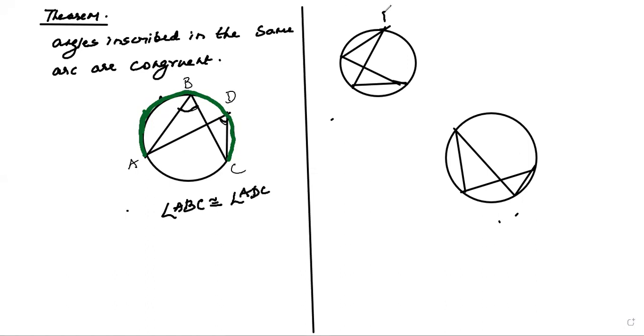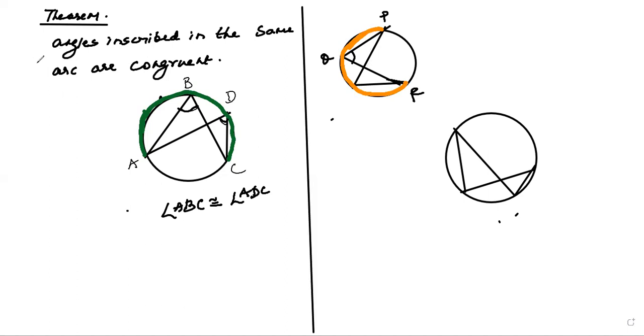Let's see another example. Suppose this is your angle PQR. Just have a look at this angle PQR. It is contained in the same arc, you can see here, children. Angle PQR is inscribed in this arc PQR.